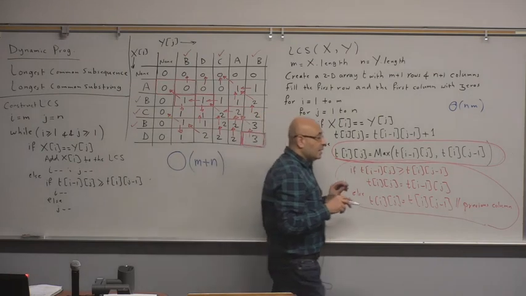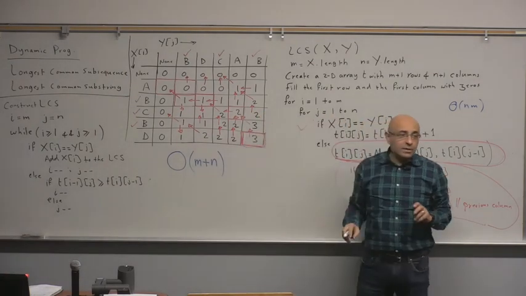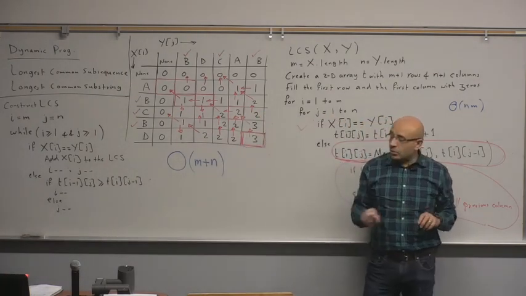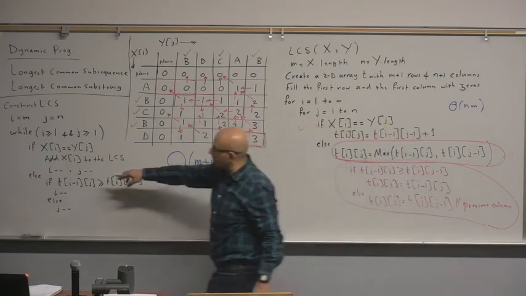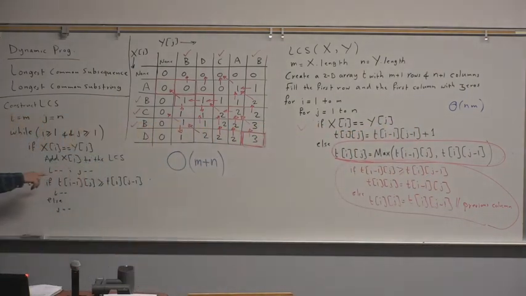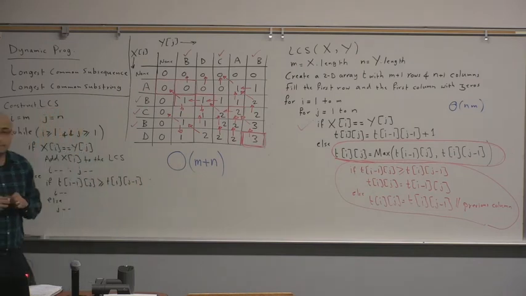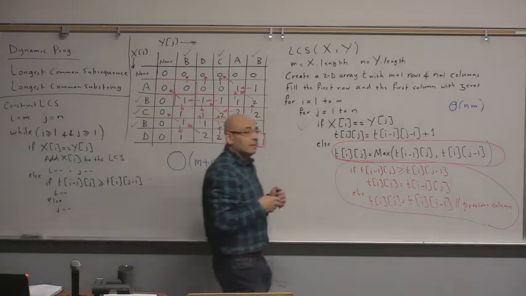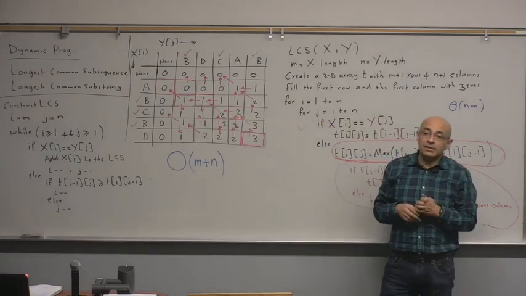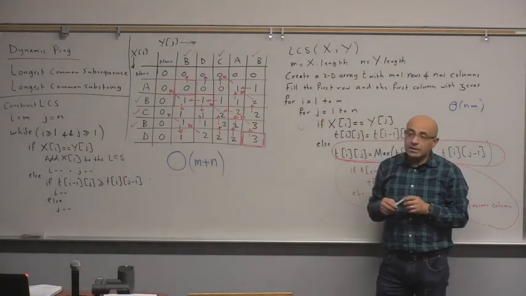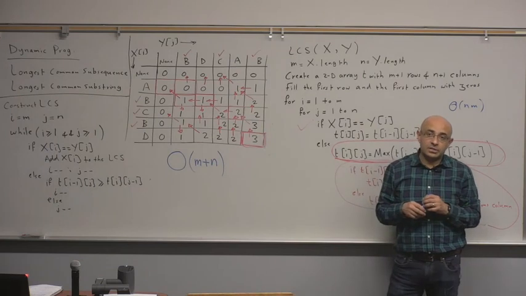Because in every step that you make, you decrement I or J or both. So this is going to be O of M plus N. You are guaranteed to decrement at least one of I and J.